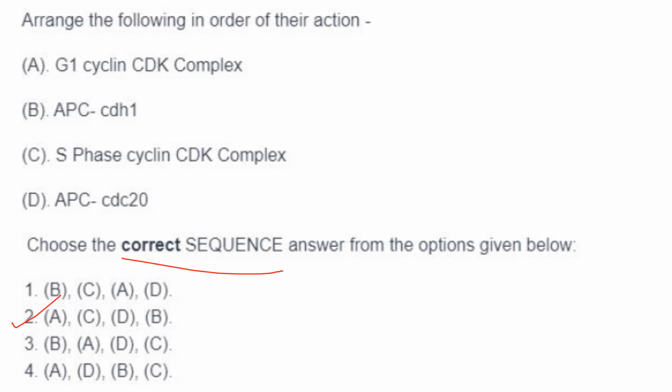APC is anaphase promoting complex. So APC CDH1 and APC CDC20 have got something to do with the anaphase stage. So APC CDC20 is the first one to come after S phase cyclin in this question. APC CDC20 is activated during the metaphase anaphase transition, and it helps in the degradation of proteins such as securins and cyclins.